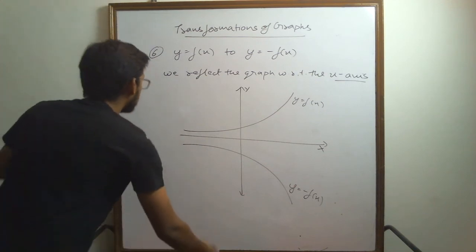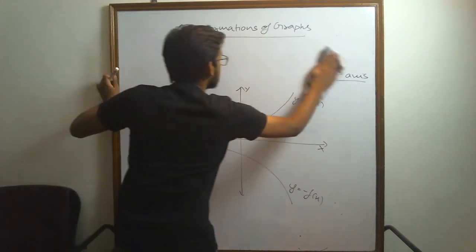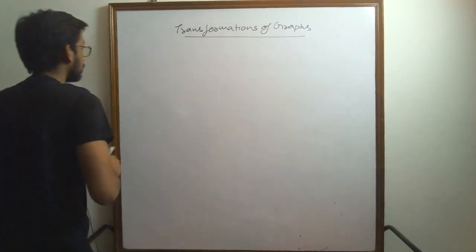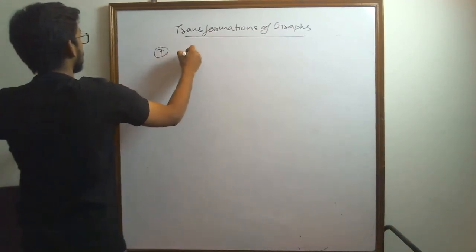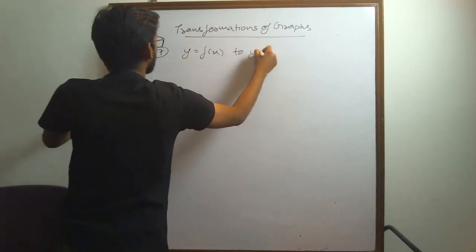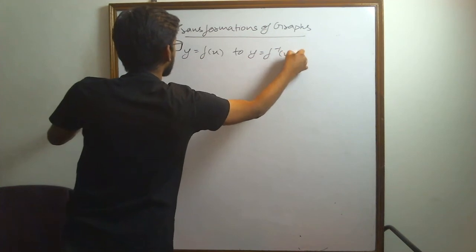One last transformation, which is the seventh transformation, is y is equal to f of x to y is equal to f inverse x.